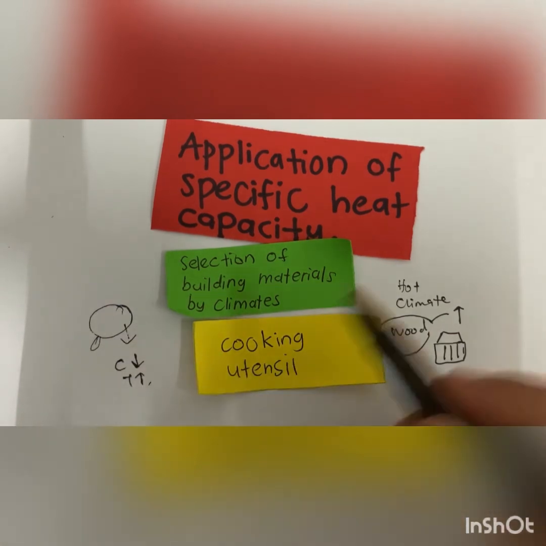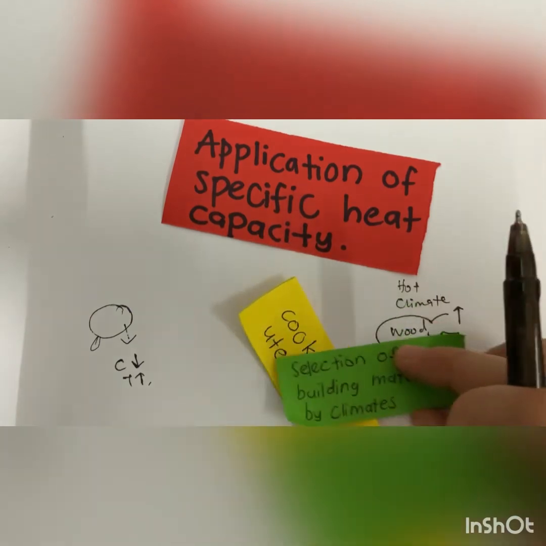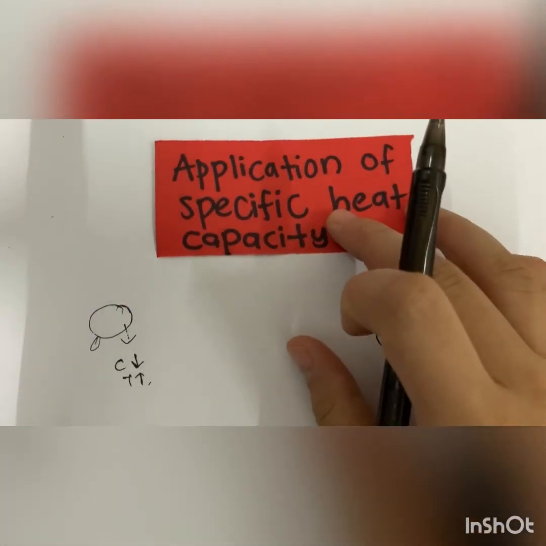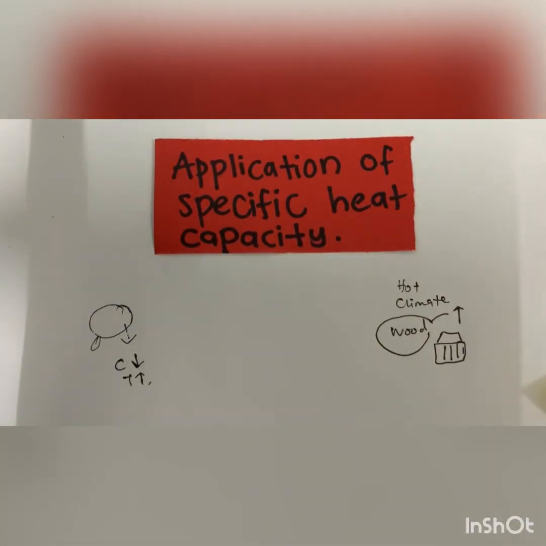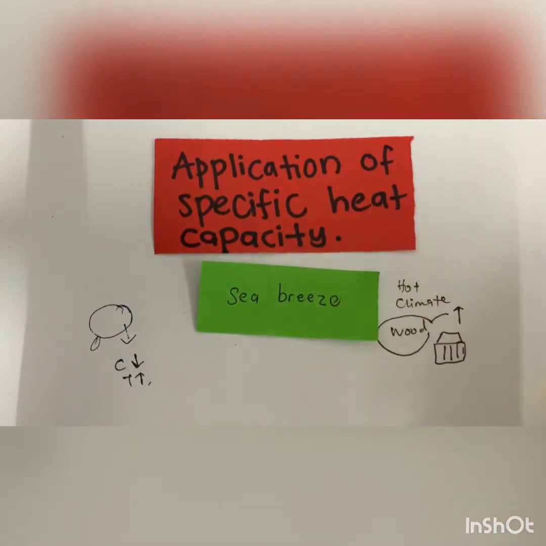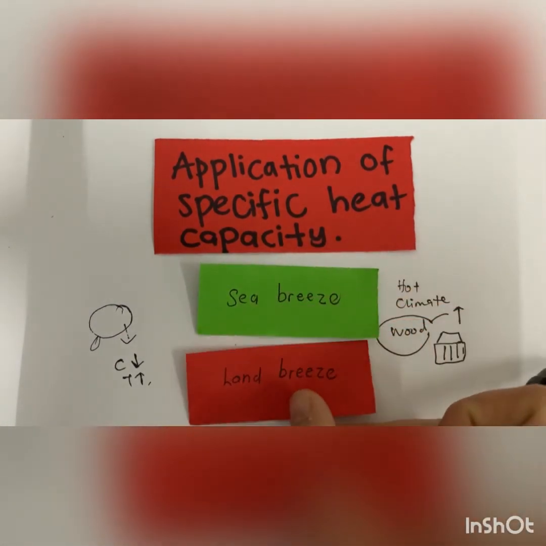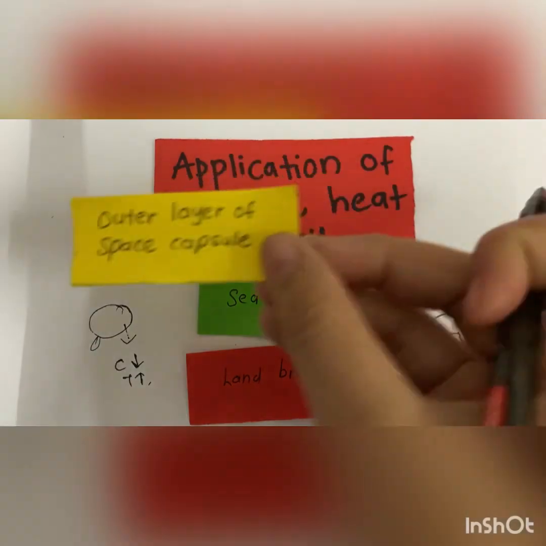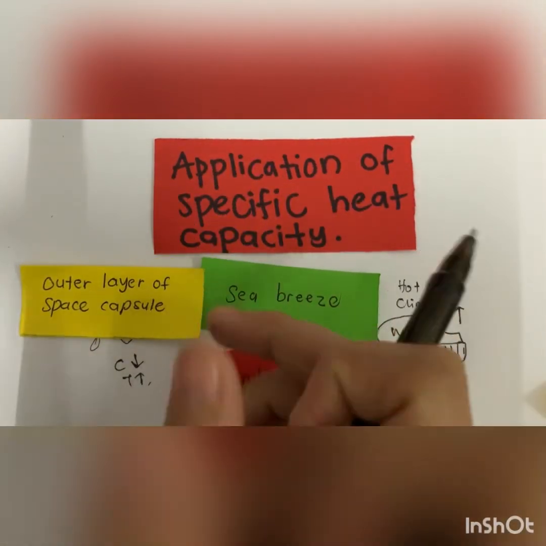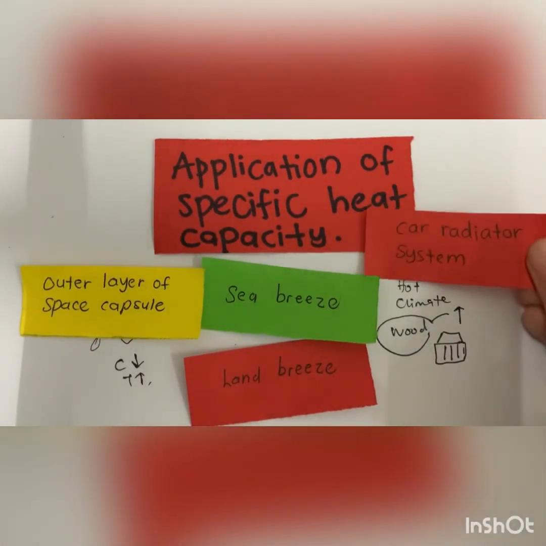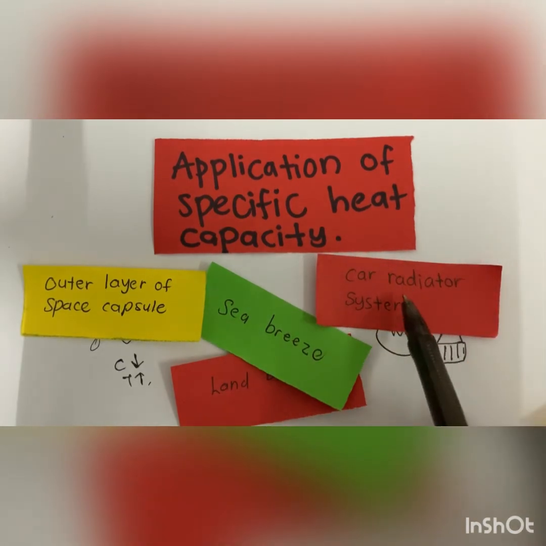There are also a few other applications of specific heat capacity: sea breeze, land breeze, the outer layer of space capsules, and also the car radiator system.